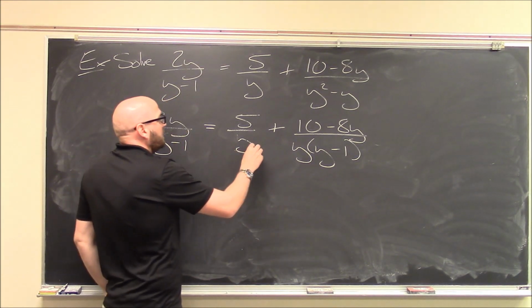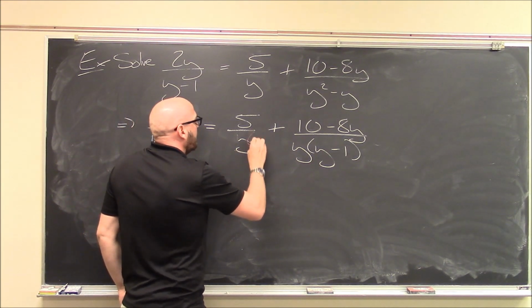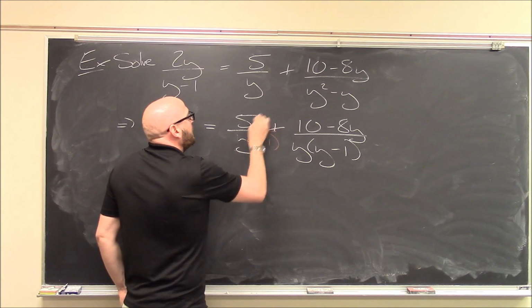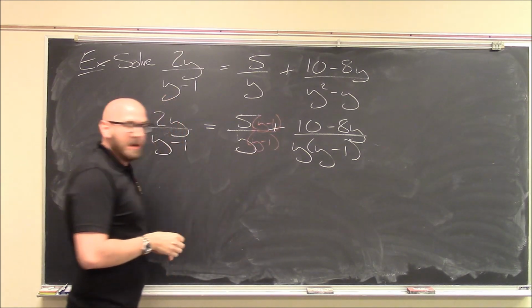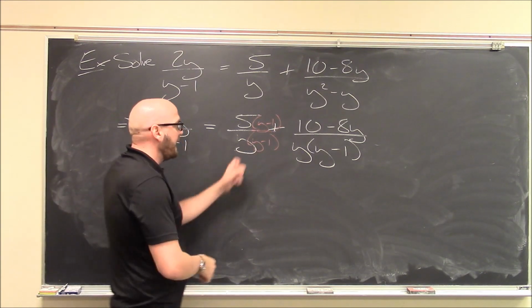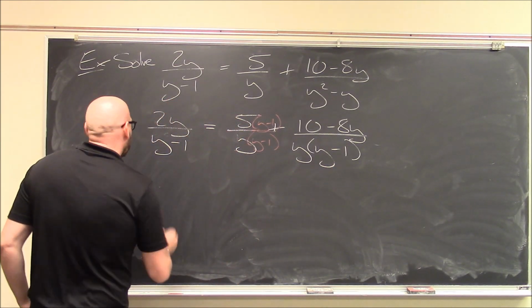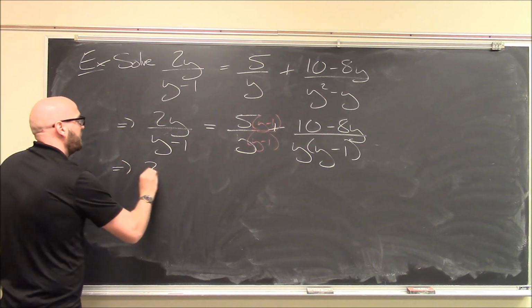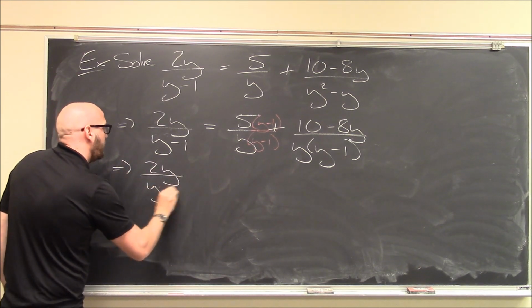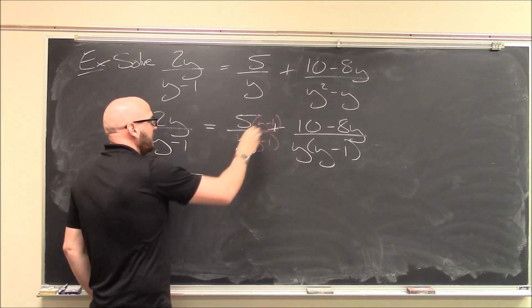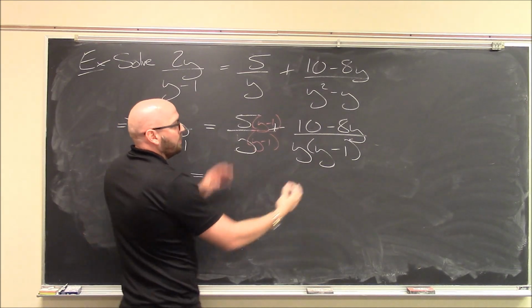So all I really need to do here for this expression is multiply top and bottom by y minus 1. And now they're both over the same denominator. Cool.